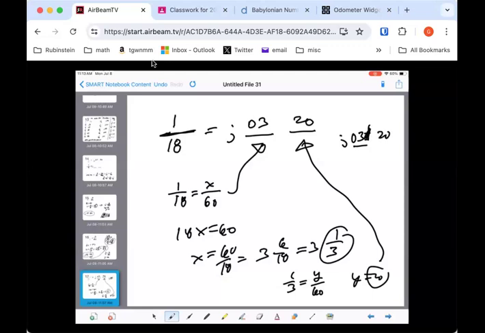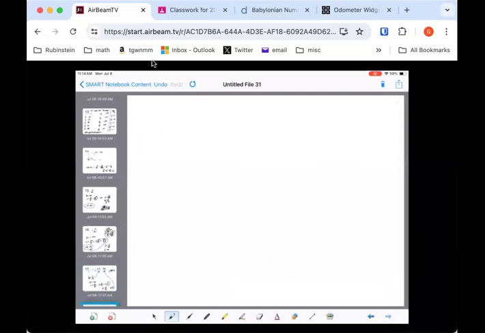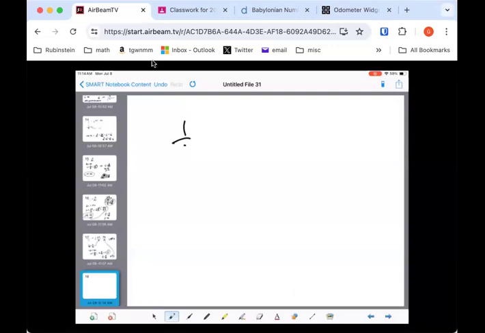I think I could explain it if I do it with base 10. Let me try that for a second. Imagine I tried to do this process in base 10. I would say 1/4 is x over 10, and 10 is equal to 4x, and x is equal to 2 and 2/4, which is 2.5. So the 2 goes here.